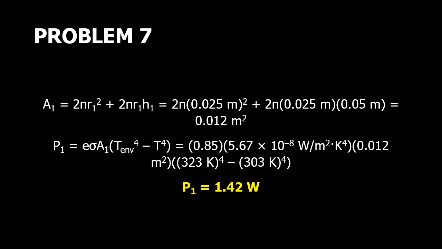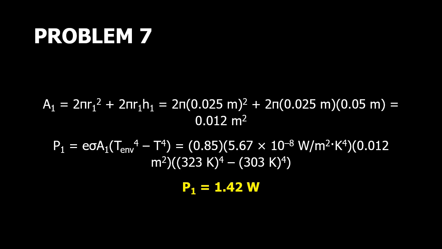And for the radiation, we have the Prevost law of heat exchange, that is equal to e sigma A multiplied by the environmental temperature raised to 4 minus the temperature raised to 4.